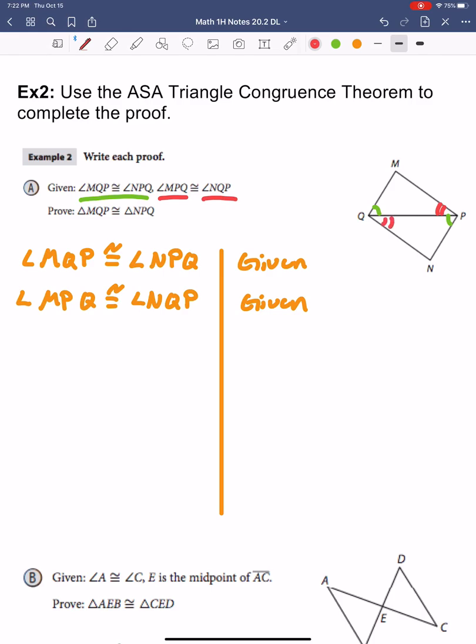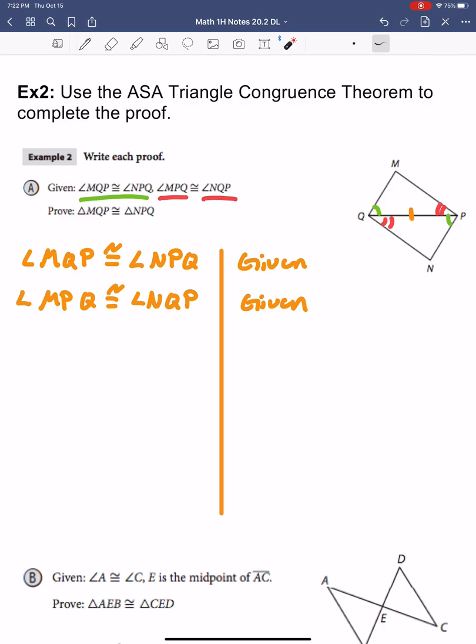Okay, and then notice we've got 2 pairs of angles that are congruent. We need the included side, the side in between these, to be congruent to use our angle side angle, right? Because the side has to be in between. The 2 congruent angles are right there. So we need this side in between to be congruent.